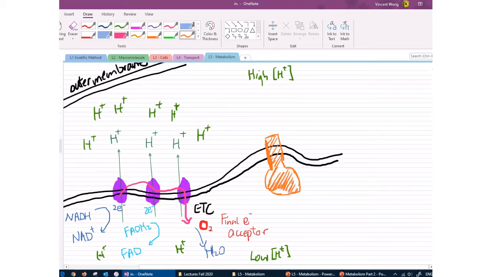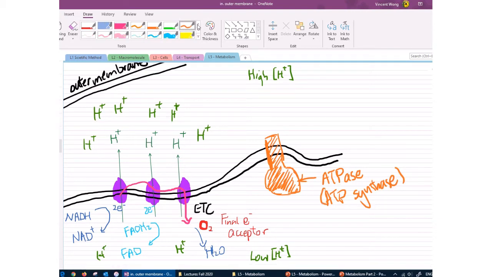They actually do look like that. It looks like a doorknob, and this is called the ATPase, or sometimes called ATP synthase. So this will allow the H plus to come back in to the matrix.